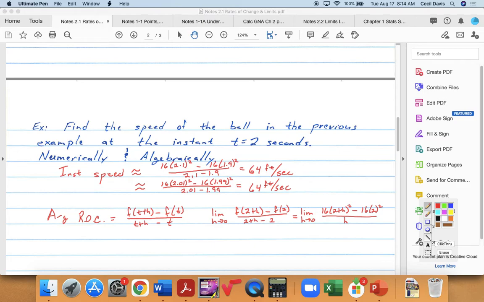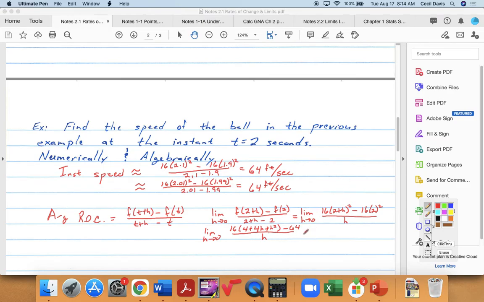Something lovely is going to happen here. Let's look at what. So that's going to be the limit as h goes to 0 of, let's see, 2 plus h squared is 4 plus 4h plus h squared minus 16 times 4 is 64 all over h.